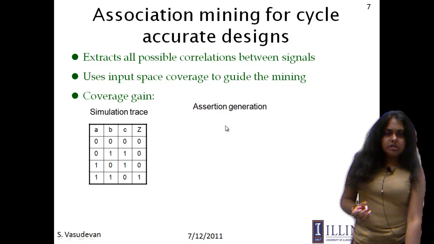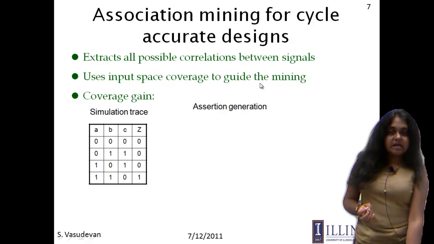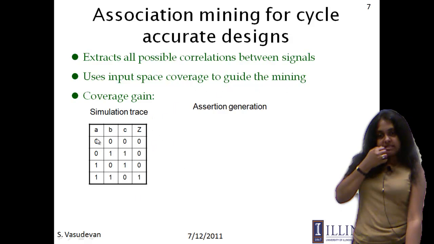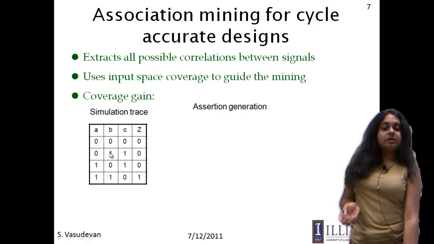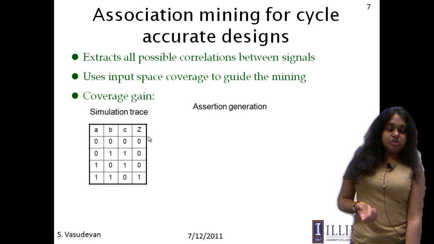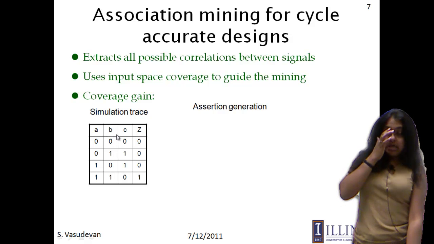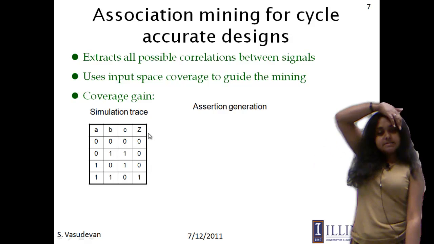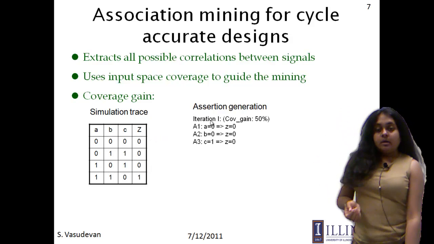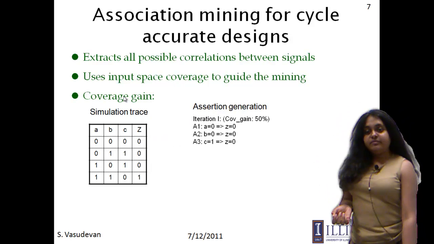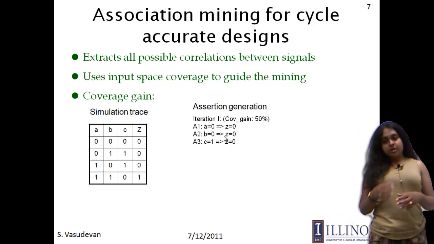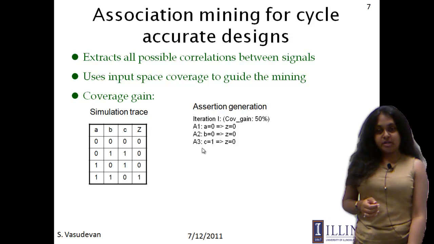So, in this approach, input space coverage is used to guide the mining process. Just for simplicity, we have shown a combinational block here with a simulation trace of a combinational block of signals A, B, C, and the output for which we generate assertions is Z. Now, this association mining algorithm goes through multiple iterations.